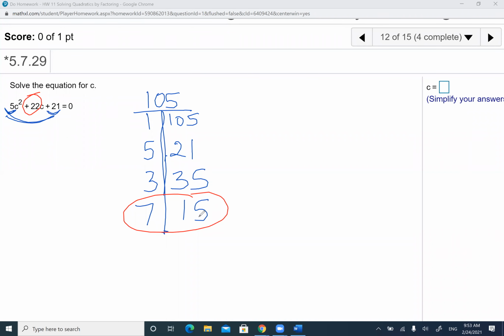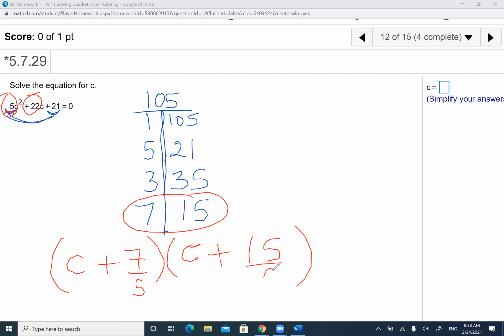So now this is how you factor it when you have a number in front. You're going to put c plus 7 and c plus 15, the same way you do if you have 1 in front. But because you multiplied by this 5 in front, we're going to divide the two numbers by 5. You can reduce 15 and 5 by dividing by 5, which gives you 3.